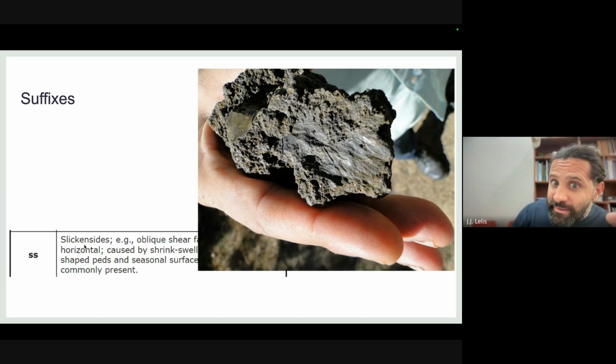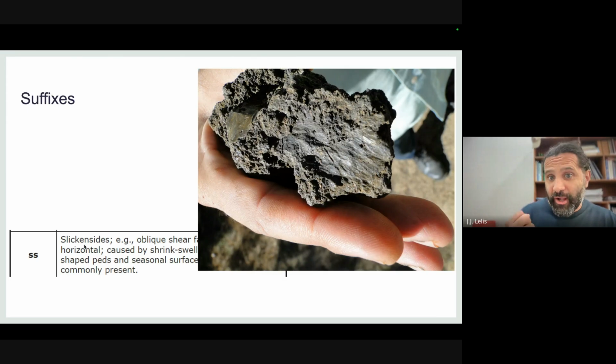But basically, at the first moment, measure the texture, the clay content of all horizons can help you to see the differences, because these slickensides, they are only formed in clay-rich materials, so they cannot register a variation of clay content between the horizons, okay? And they only can be seen in clay-rich materials.